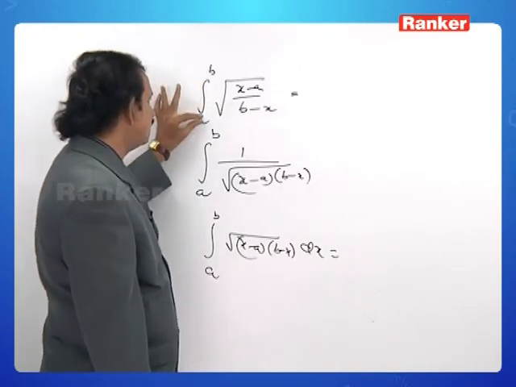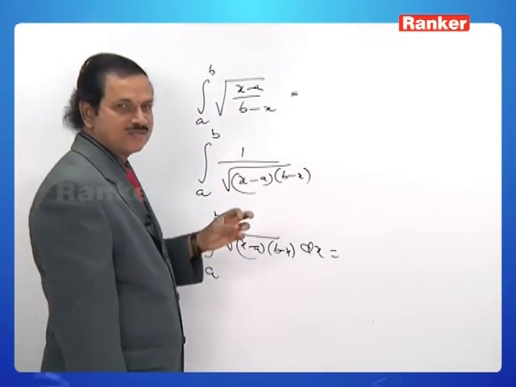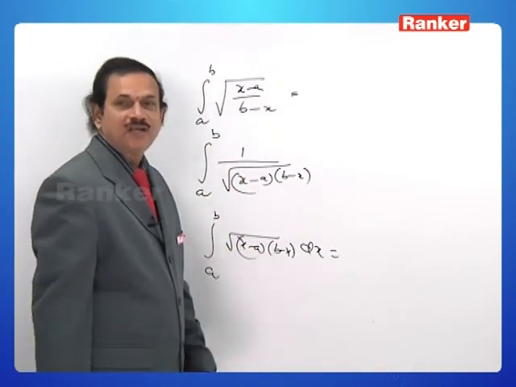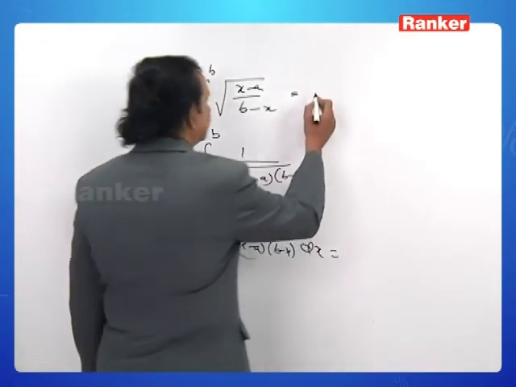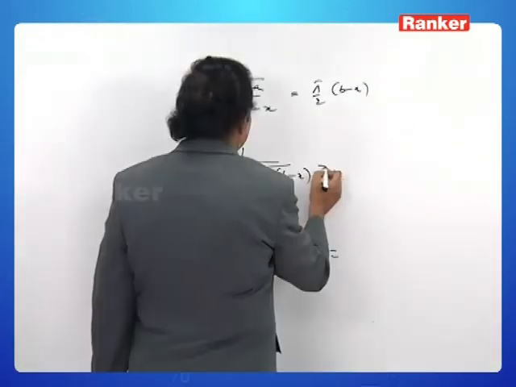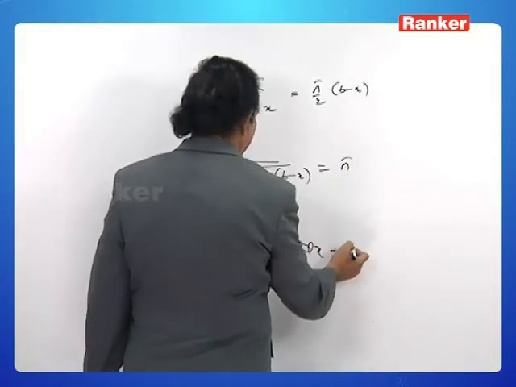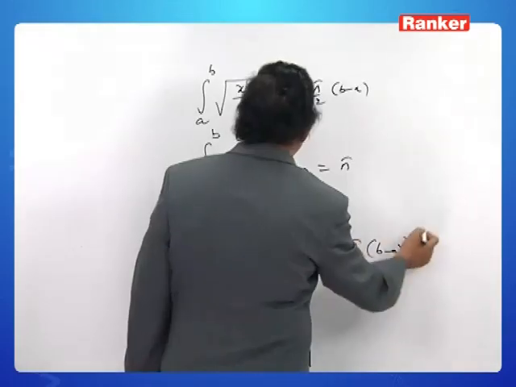So x minus a is positive and b minus x is positive. You would have gathered the positive quantities as expressions here. And it is quite necessary to use the answers here. This is pi by 2 into (b minus a). This is pi. This is pi by 8 into (b minus a) whole square.